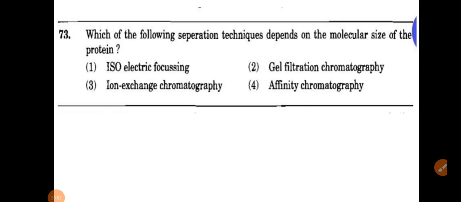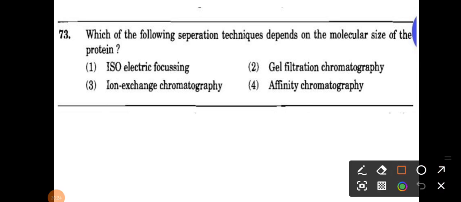The options here are isoelectric focusing, gel filtration chromatography, ion exchange chromatography, and affinity chromatography. Our answer is size exclusion chromatography. Gel filtration chromatography is there because size exclusion chromatography, SEC, is also known as gel filtration chromatography.